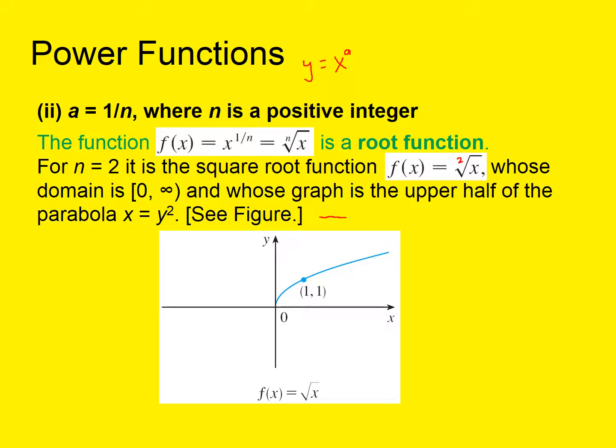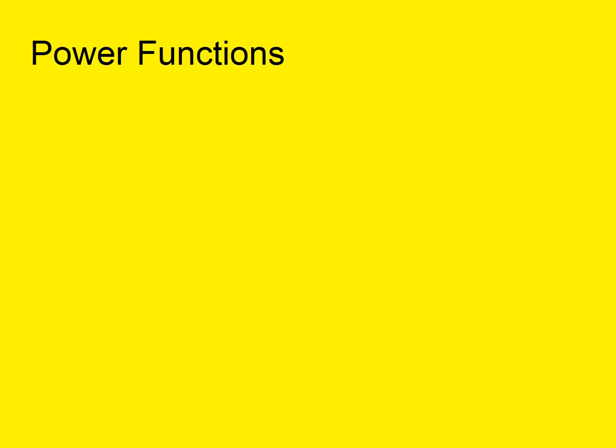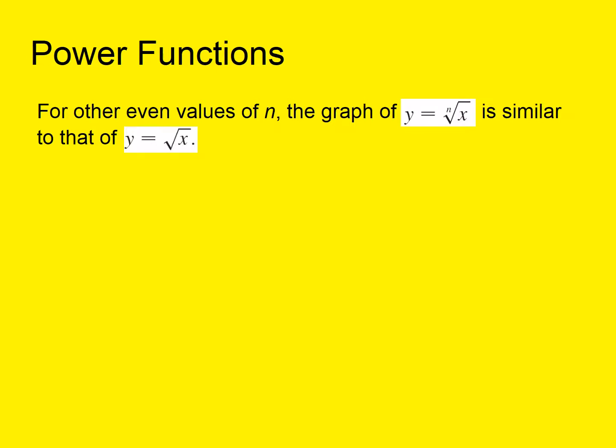X equals y squared is your sideways parabola, and the upper half of it is the square rooting function. For other even values, it's going to be similar: square root of x, fourth root of x, sixth root of x.